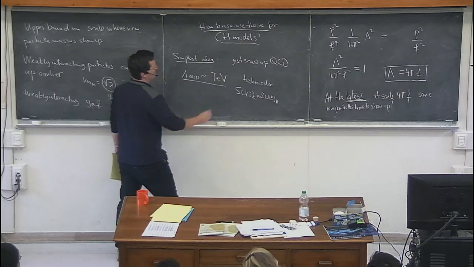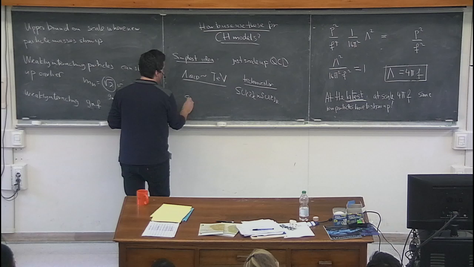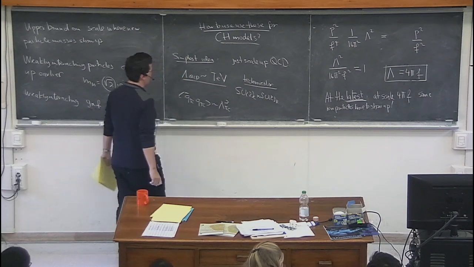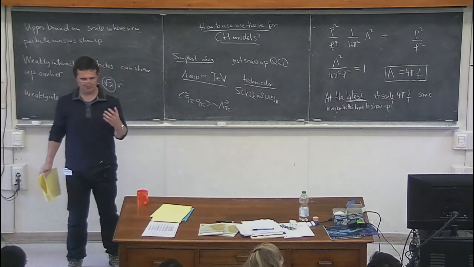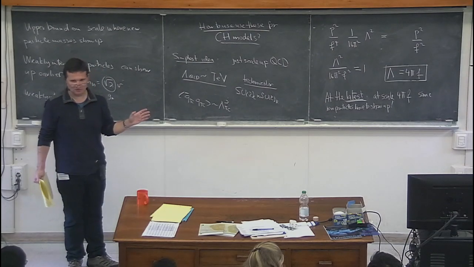You would have these technicondensates, Q-bar_TC Q_TC, proportional to lambda_TC cubed, and that would break the electroweak symmetry, and that's it. That would have been the simplest and most elegant solution.